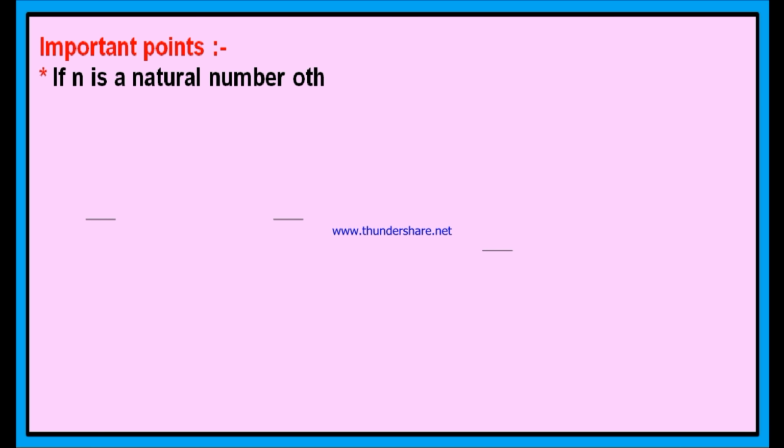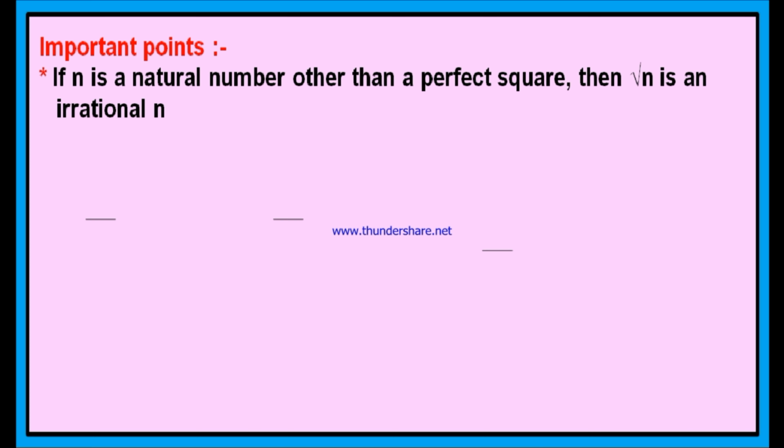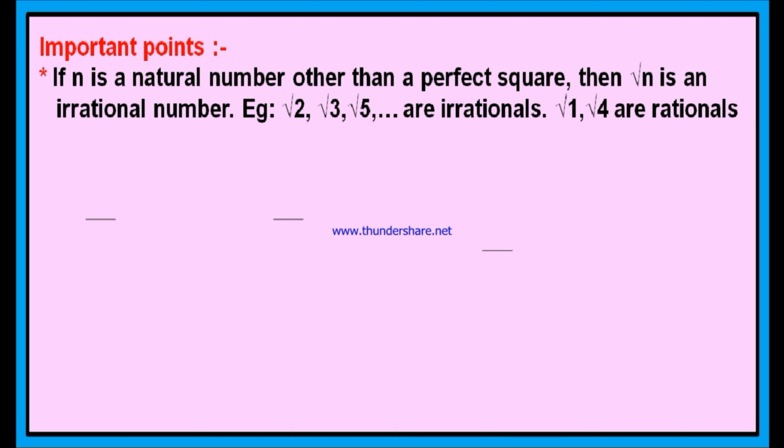The first point is, if n is a natural number other than a perfect square, then root n is an irrational number. If n is a natural number other than a perfect square, then root n is an irrational number. We know that 1 is a perfect square number as 1 square is equal to 1.